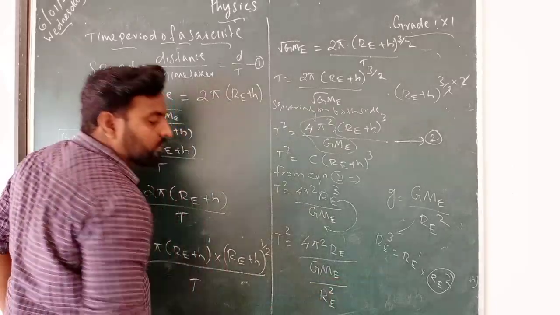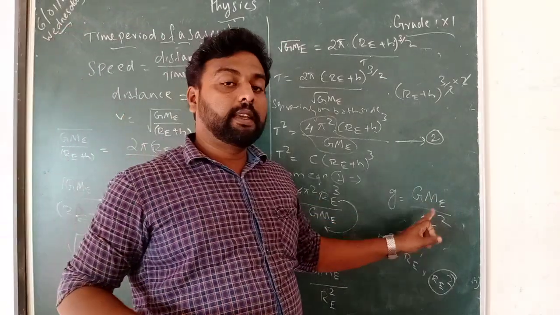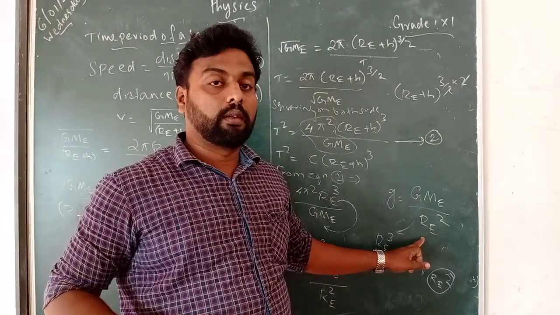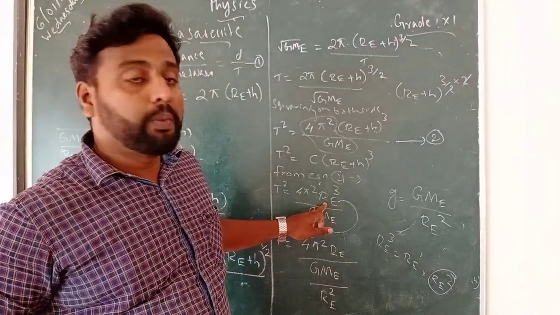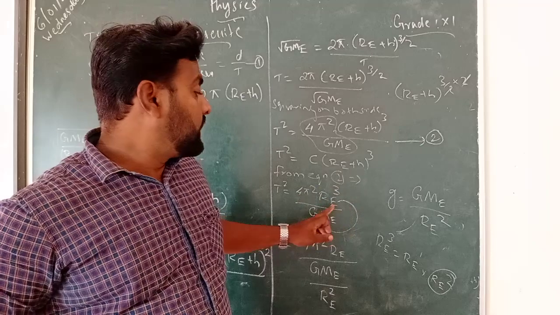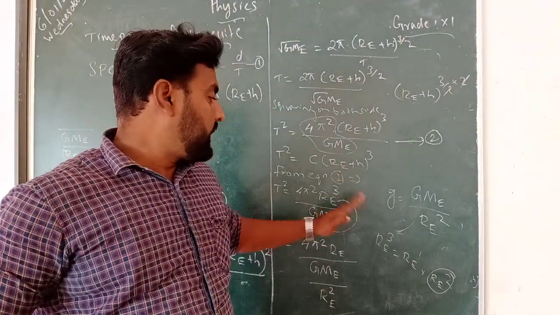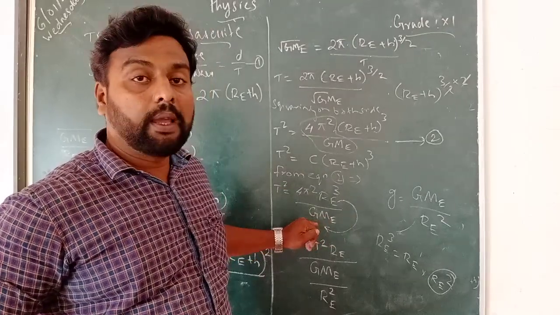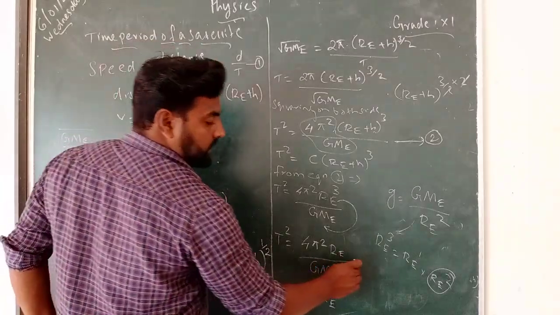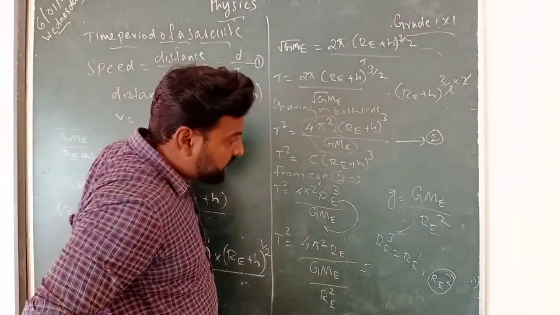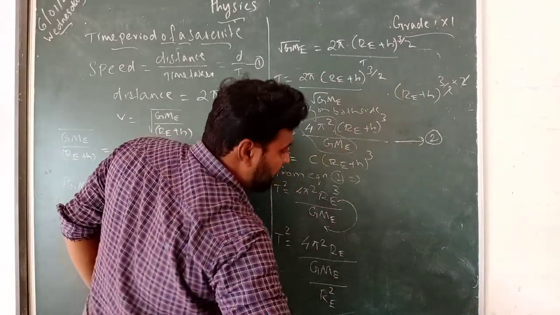So this step is very, very important here. We need GM_e by R_e square. Here R_e cube is there, we have just split this into R_e into R_e square, and that R_e square we are taking down to this GM_e. So it becomes g.